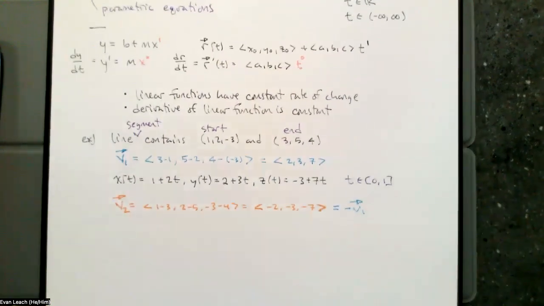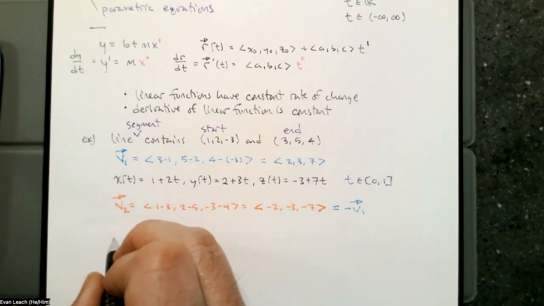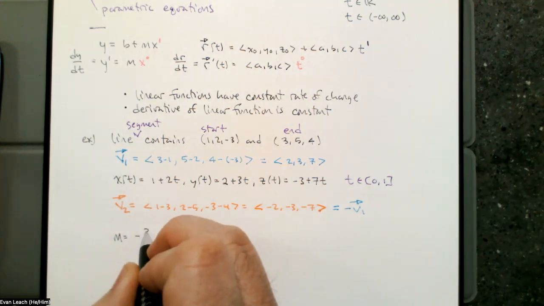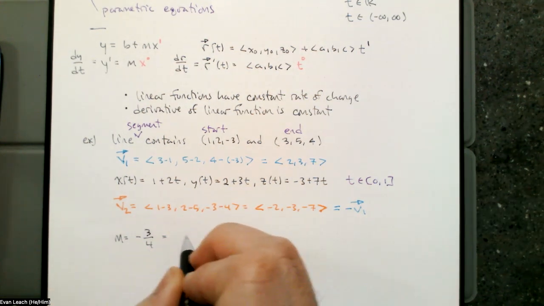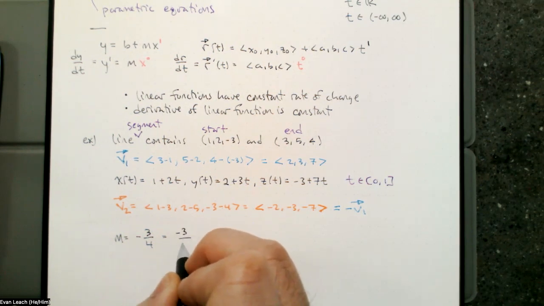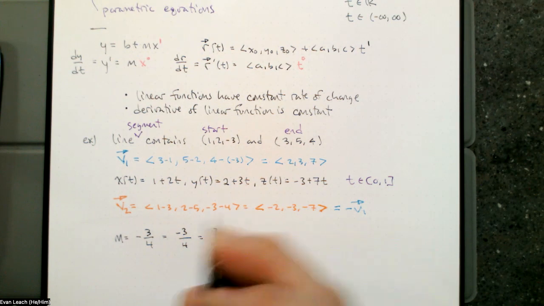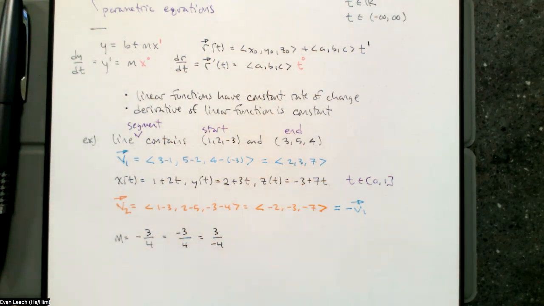Just like when a slope is, let's say, -3/4, we can read this as -3/4 or 3/-4. When we have a slope of -3/4, we could read that as down 3, right 4, or up 3, left 4.